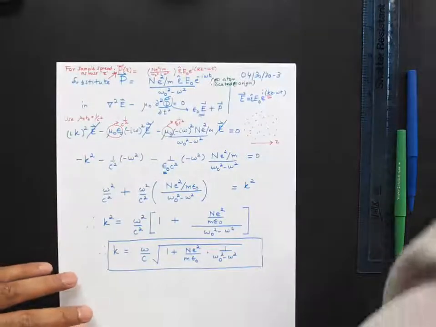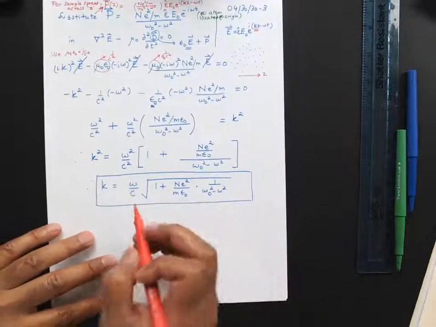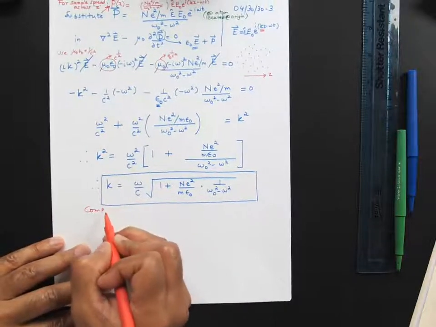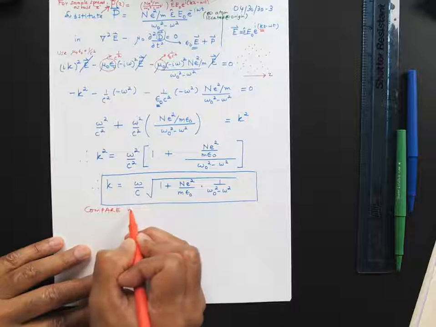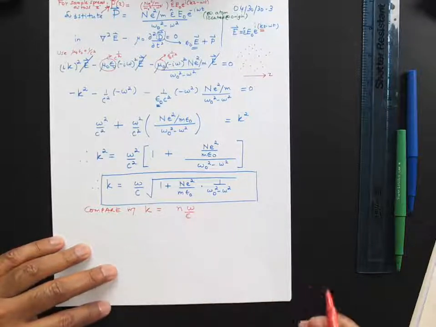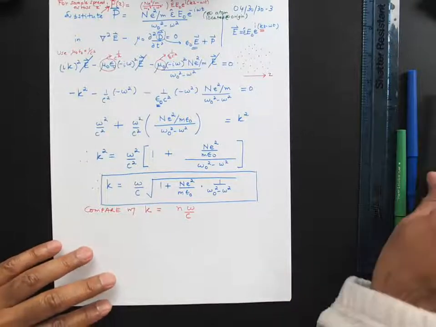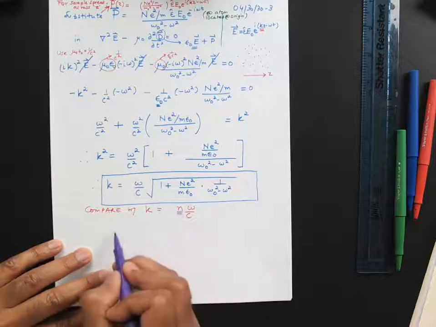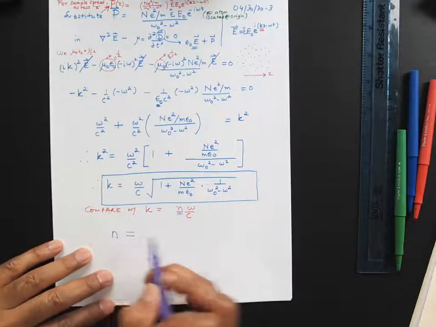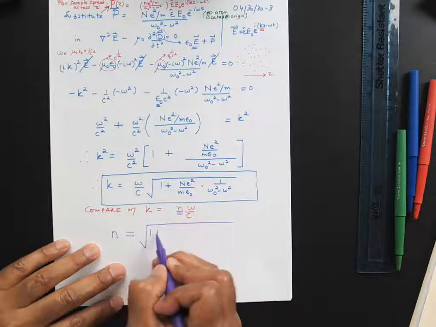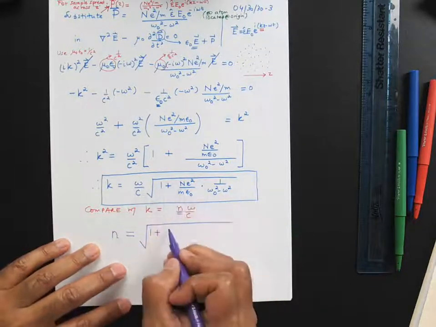So if I compare this with k equals n omega over c, then what this is telling me is that the refractive index n, and now this is the first time that I have it from a microscopic theory, is the square root. That's the refractive index.